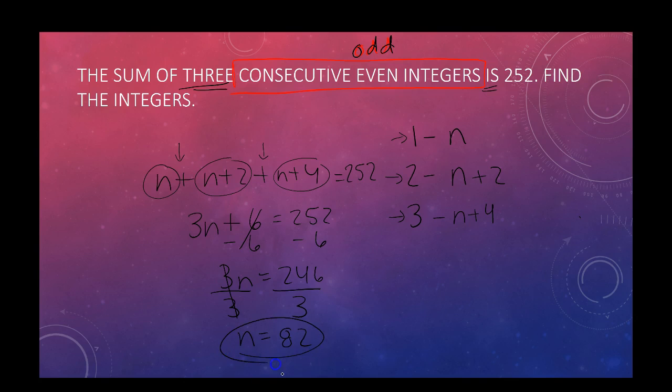So when n is 82, that means my first one is 82. What's your next one? 84. What's your next one? 86. So these would be my 3 consecutive even integers that I could add up to get 252.